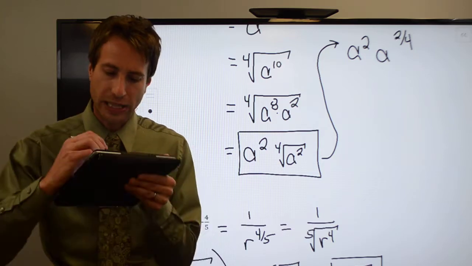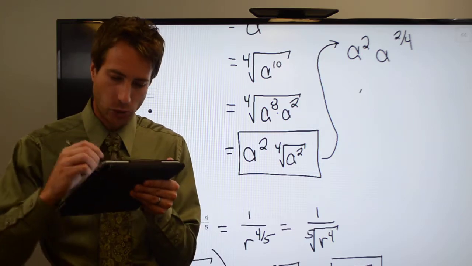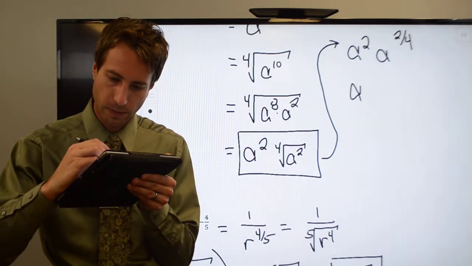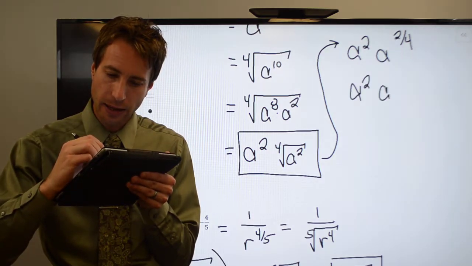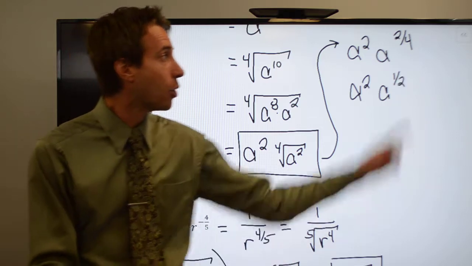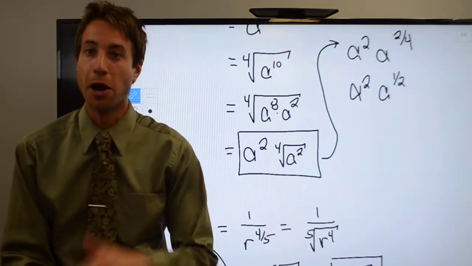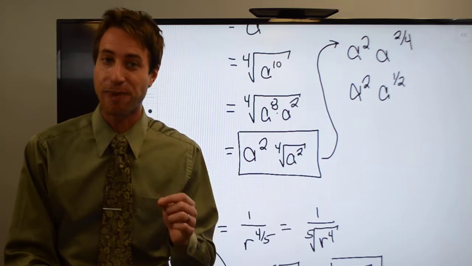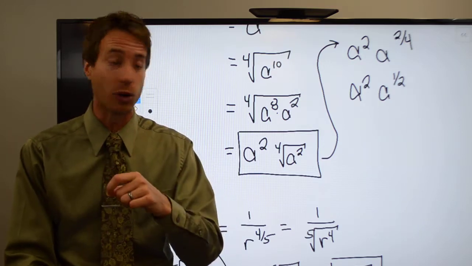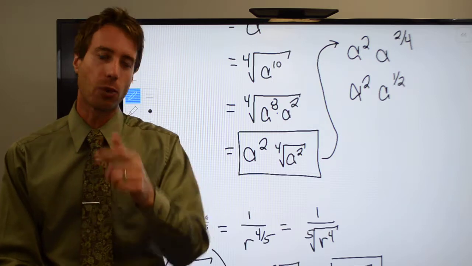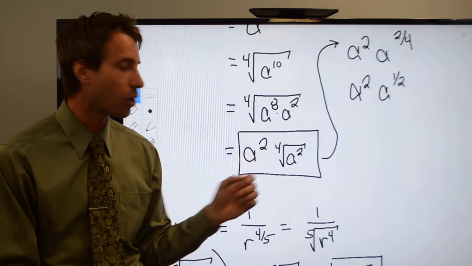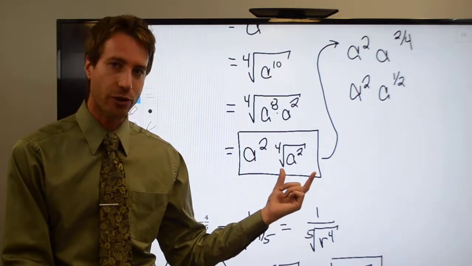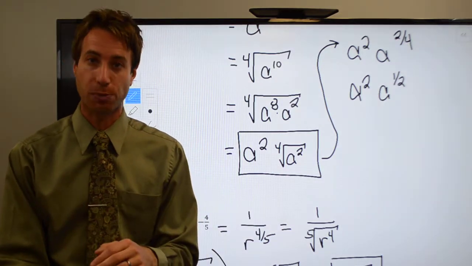And that's actually really important, and here's why. I have an a squared times a to the 1/2 when I reduce 2 over 4. But we know what the 1/2 power is. Remember, the 1/2 power is a square root. So watch out for this when you simplify your expressions to a radical expression.